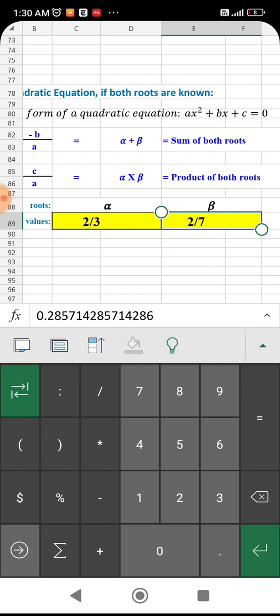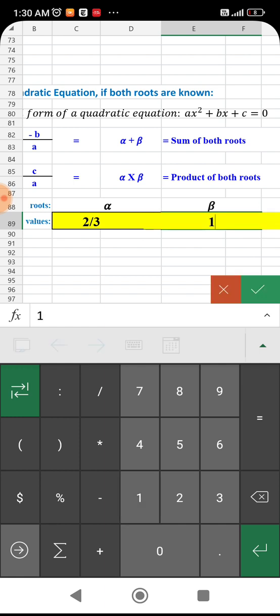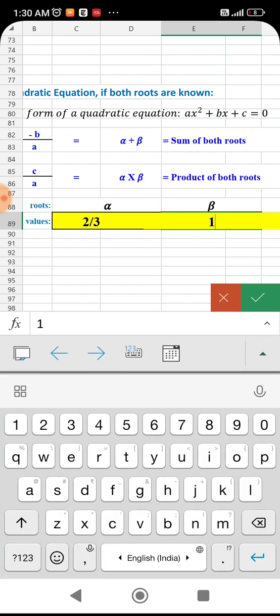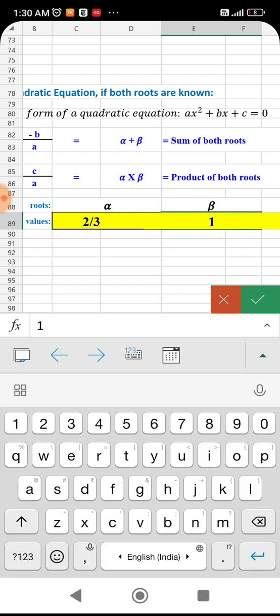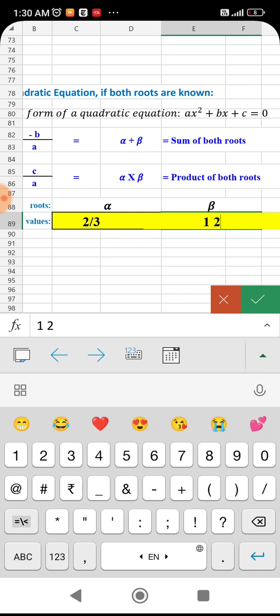In this case, suppose one root is 1 whole 2 upon 7. How can we write 1 whole 2 upon 7 in Excel? We have to write 1, then a blank space, then 2 by 7.